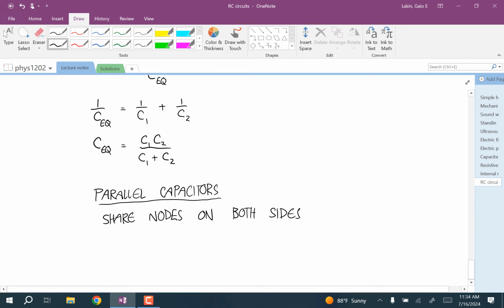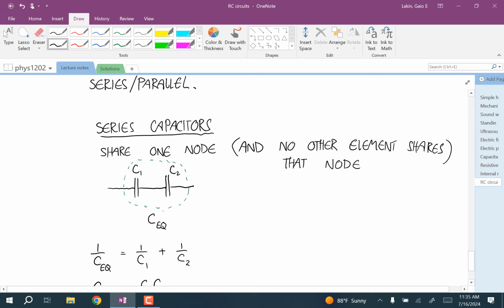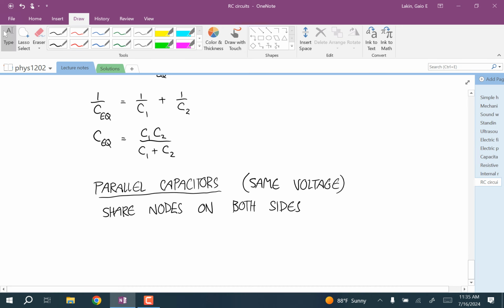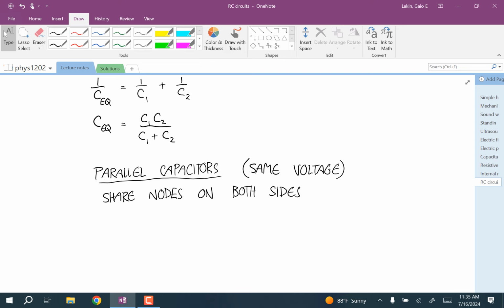By the way, any elements that are in parallel have to have the same voltage. And any elements that are in series have to have the same current. Okay, so what would this look like? Something like this.